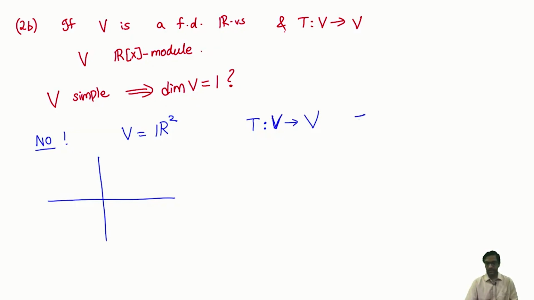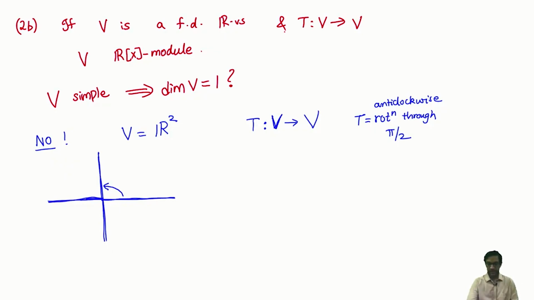Let's take T to be the map which is rotation through a 90-degree angle, pi by 2, an anti-clockwise rotation. So what does it do? It rotates the plane by 90 degrees. Which means, for example, the x-axis maps to the y-axis under the action of this operator T, and so on.